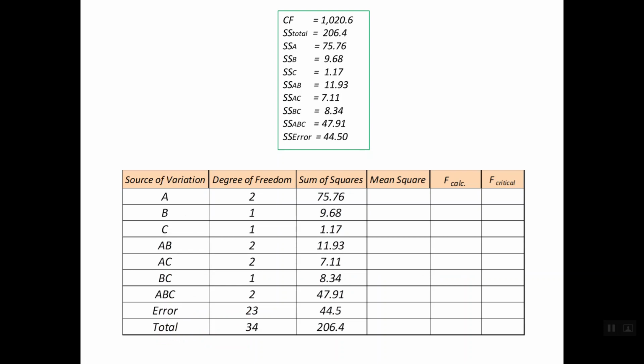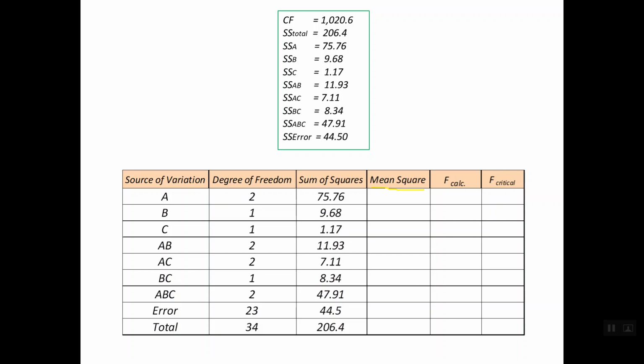Notice that almost most of the time is consumed in the calculation of the SS. Now we can simply and easily calculate for the mean square, which is MS. The formula to calculate for the MS is simply to divide the SS by the degree of freedom.